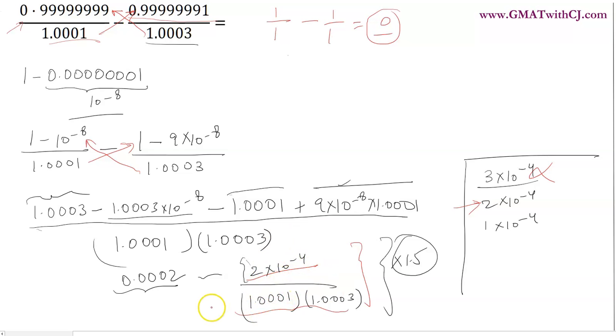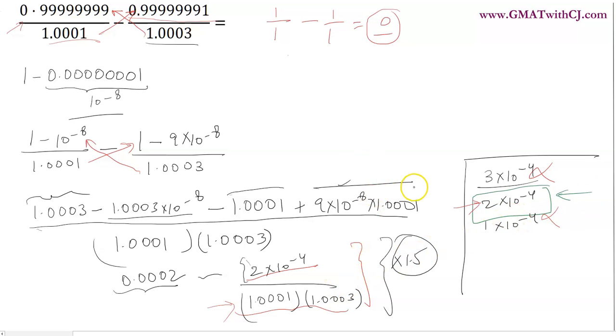But do you think that 1.0001 into 1.0003 is going to give you anywhere close to 2? No, right? This number is going to be almost equal to 1. So I can be sure that okay, this is also not the answer. So the only option that is left is 2 into 10 raised to power minus 4, and that was my answer.